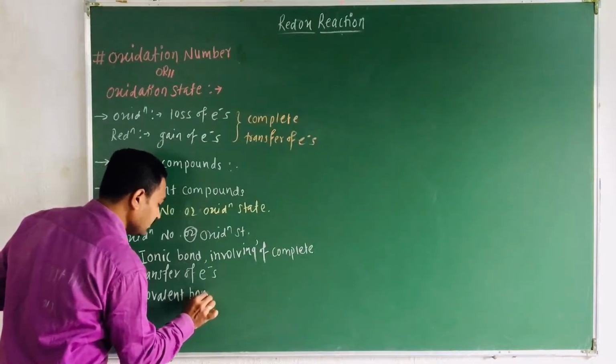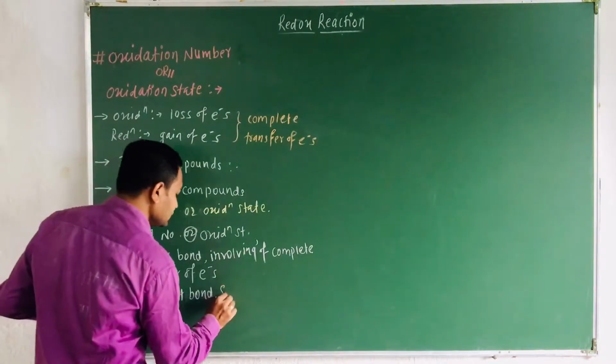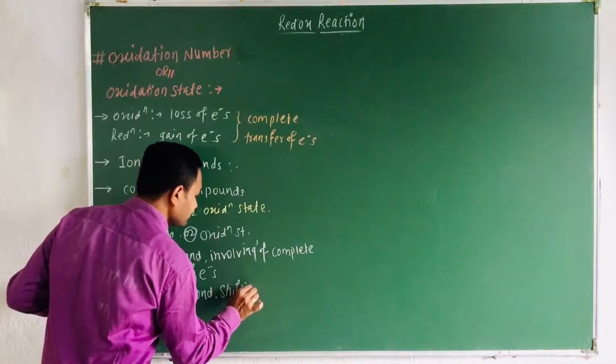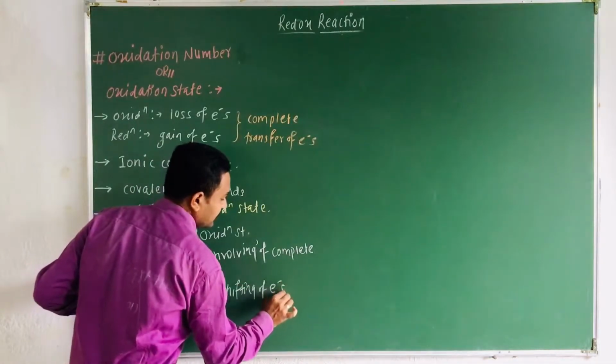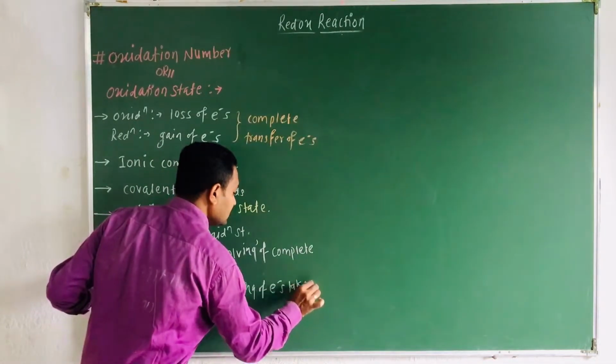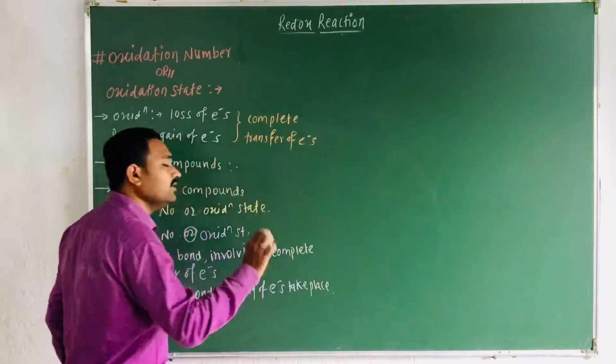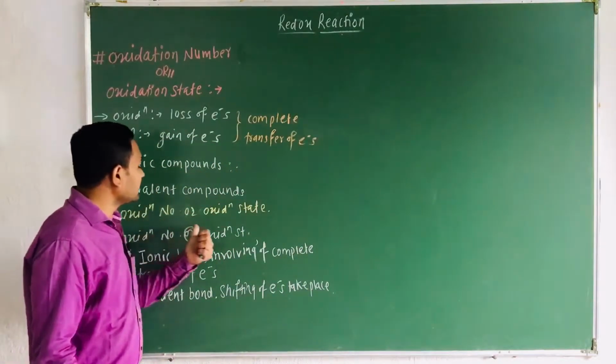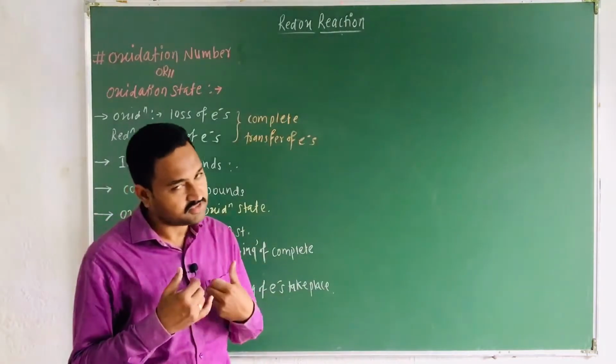In the covalent bond there is a shifting of electrons. So that's why we have introduced this term, oxidation number or oxidation state.